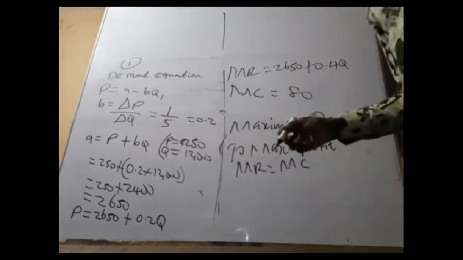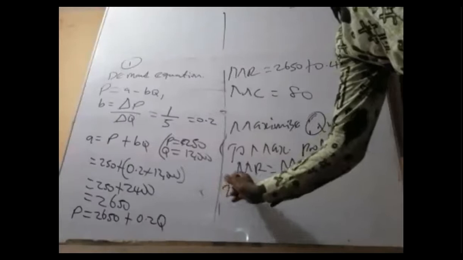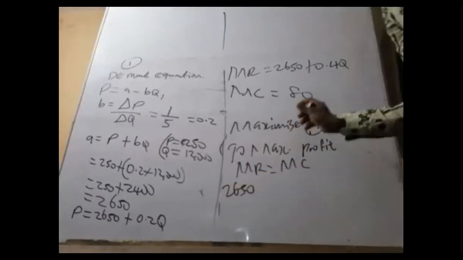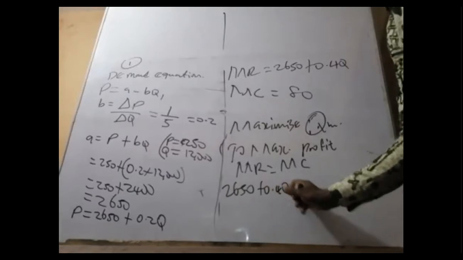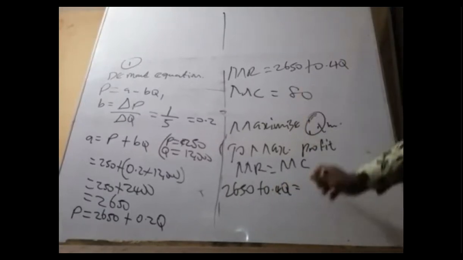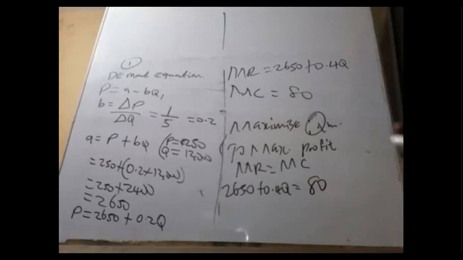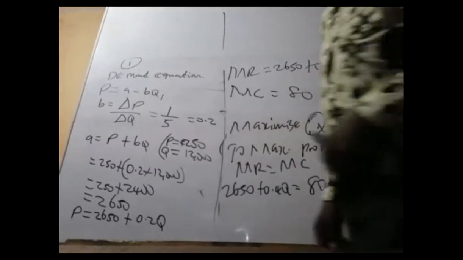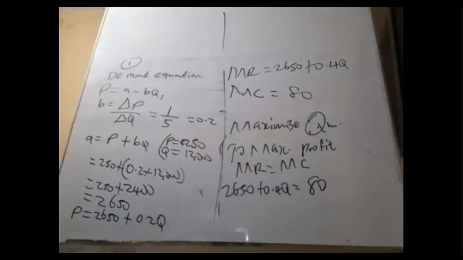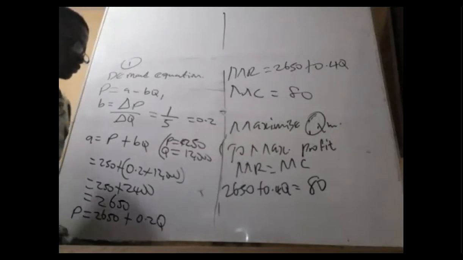Marginal revenue is what? 2,650 plus 0.4Q is equal to marginal cost, which is 80. As usual, solve for Q. Make Q the subject. Elementary. We have to collect like terms.